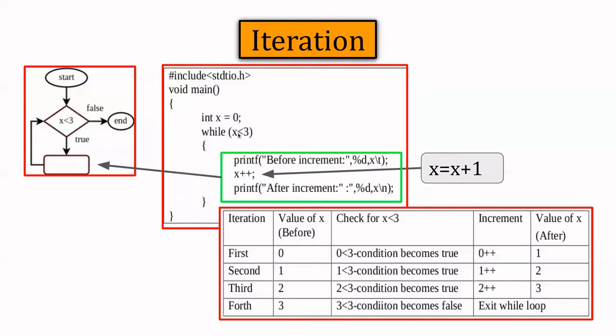Then go back to this while command. Check whether x is less than 3. Here x is 1. Therefore, the program goes to the loop. Print 1 and then increment. Increment means 1 plus 1 equals 2.